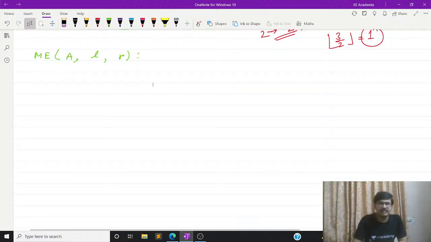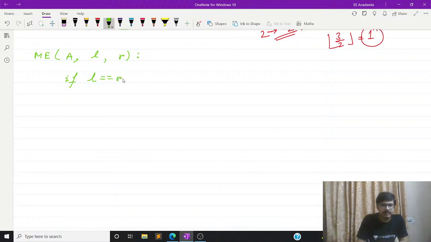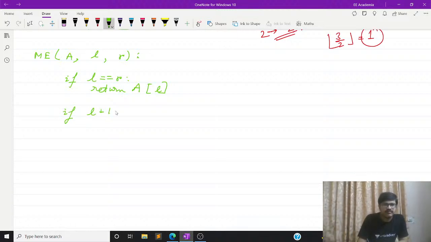So how do you find the majority element? You have some cases. If L equals R, that means there is just a single element in our array, so that element itself is the majority element, and we can just return A of L. Two elements case is not required, I guess.